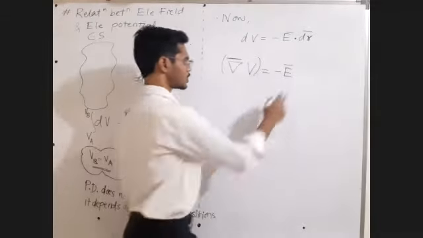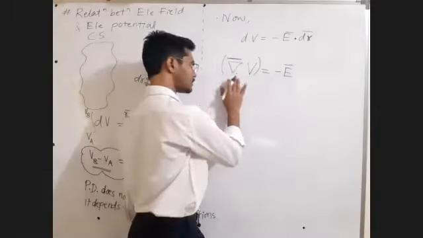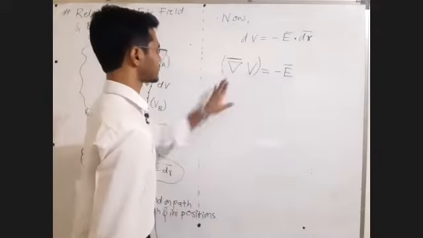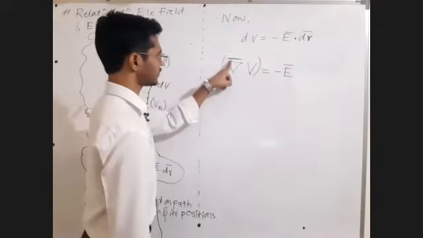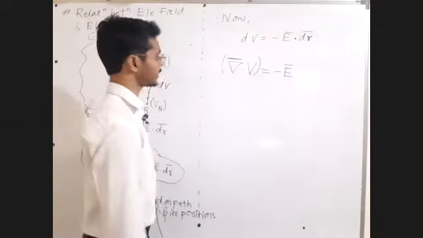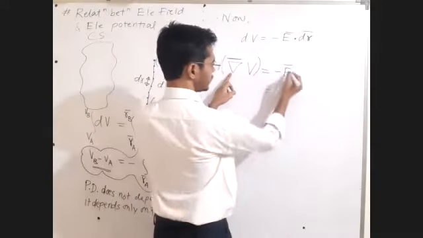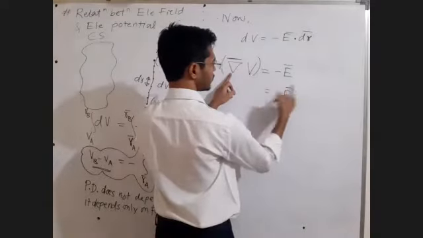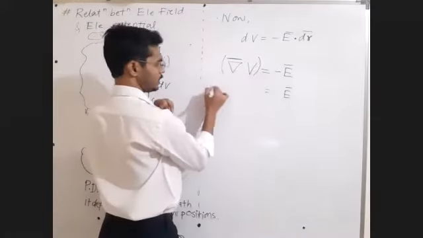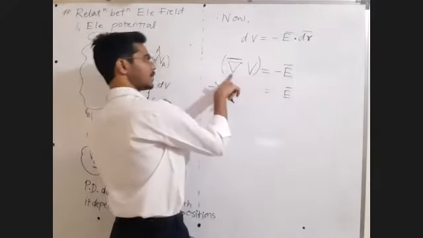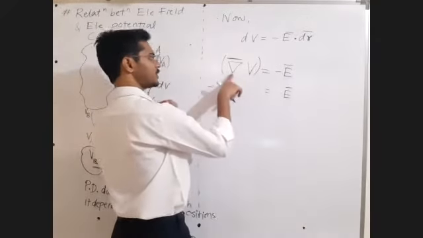So just don't worry. What is this left hand side? It is called the gradient operator. So can I write the electric field E bar as this? The minus sign on the right hand side is the negative potential gradient. How to read this? Gradient of what?